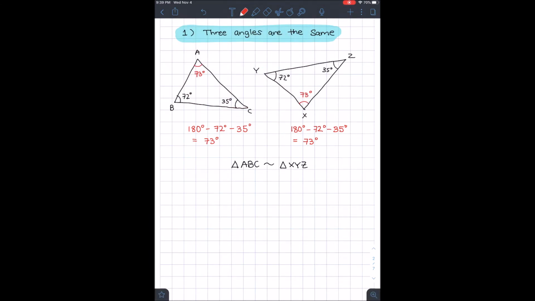We use an abbreviation of AAA, which tells us that the reason these two triangles are similar is because all three angles are the same. That's why AAA stands for angle, angle, angle.